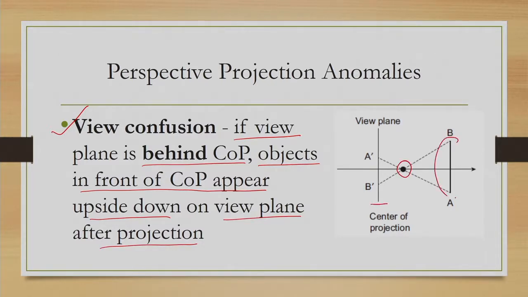So, this object will appear upside down as shown here. This point will be projected to this point and this point will be projected to this point. This is view confusion. So, we have perspective foreshortening where distant objects appear smaller, then vanishing points, and then view confusion.